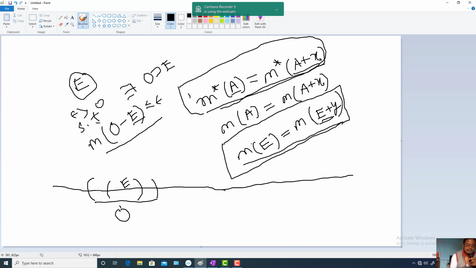For every element here you add y, and it will be translated here. This will be E plus y. So if this is E, then E plus y will be this one.